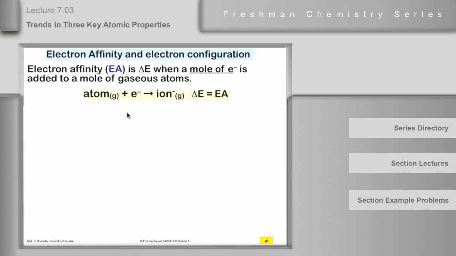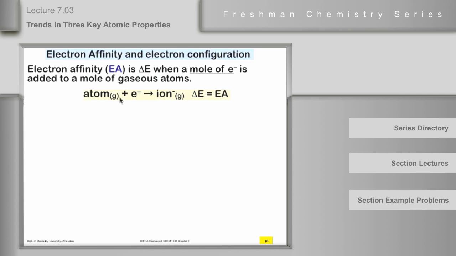Because it can be, we might get energy back if we give a certain atom an electron, or we might have to push the electron on it, depending on, what do you think it depends on? The number of valence electrons, in general, the electron configuration.